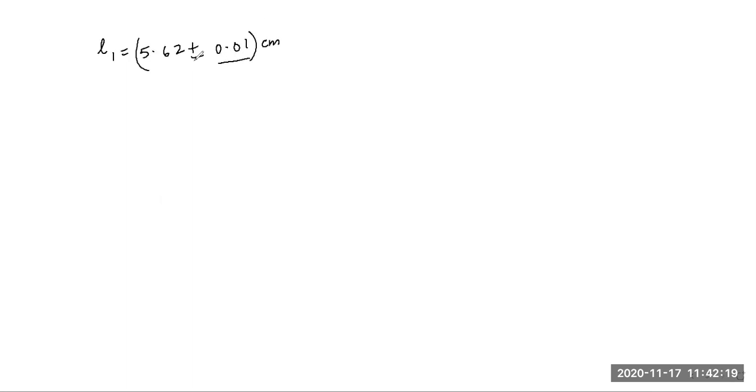So this is the error in the measurement of length 1, and L2 will be equal to, let's say, 4.34 plus minus 0.02 centimeter. Right, students? That is, the error in measurement of length L2 is more than the error in measurement of length L1. He says calculate the difference in length with error limits.